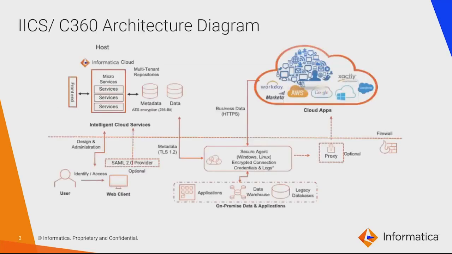Here's the high-level picture of the C360, or the ILCS, architecture diagram. In this picture, the top left corner area is all the components where the Informatica Cloud resides, and this handles all the microservices like the C360 multi-domain edition of MDM, the data integration services, the data quality services, application integration services, and so on.